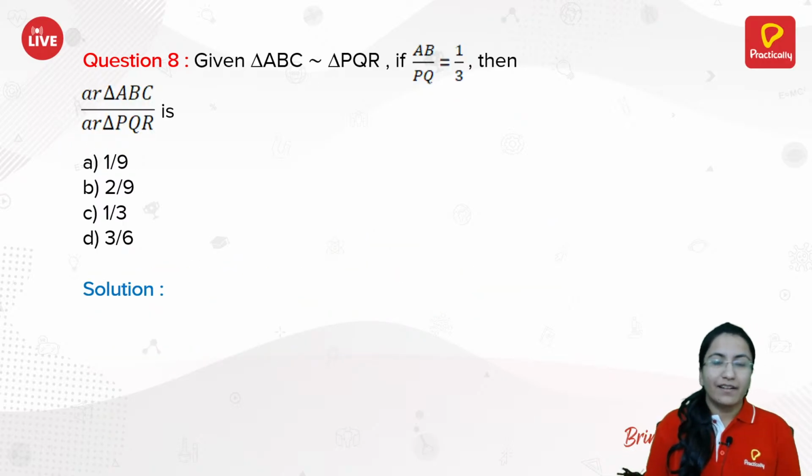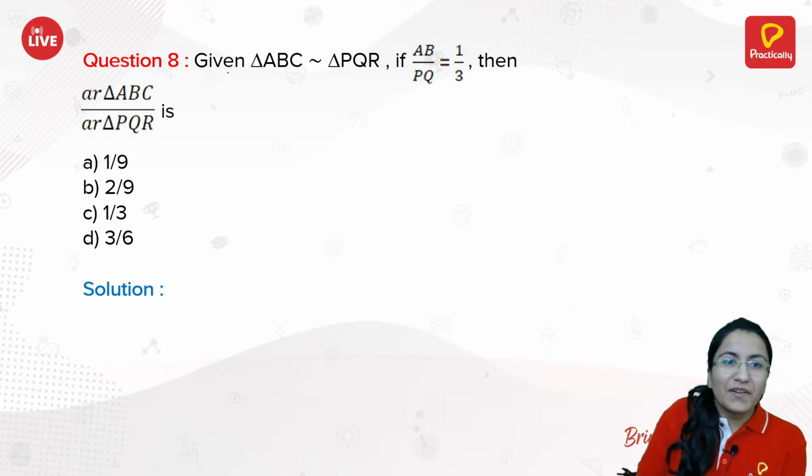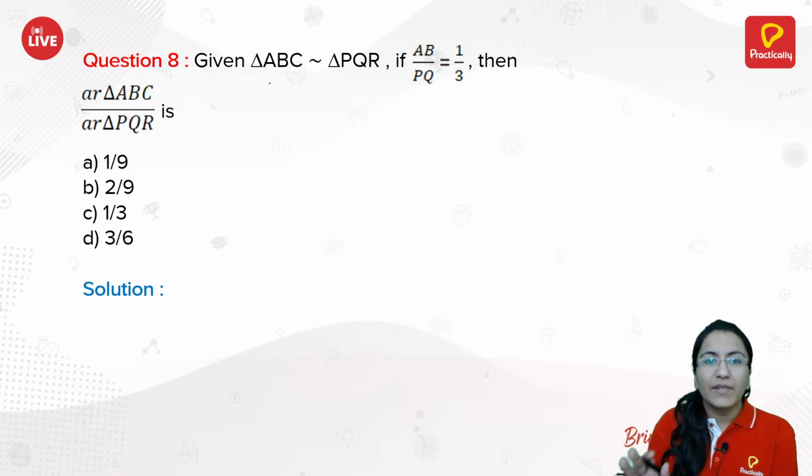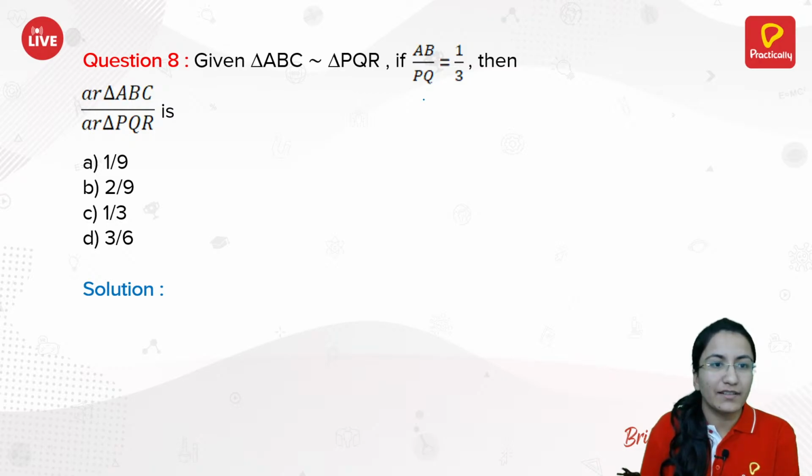We have a question related to similarity of triangles. Okay, hope you recall all the formulas, right? So given two triangles, first is ABC and next is PQR, and both are similar, and the ratio of the corresponding sides is given to you. We have AB by PQ as 1 by 3.